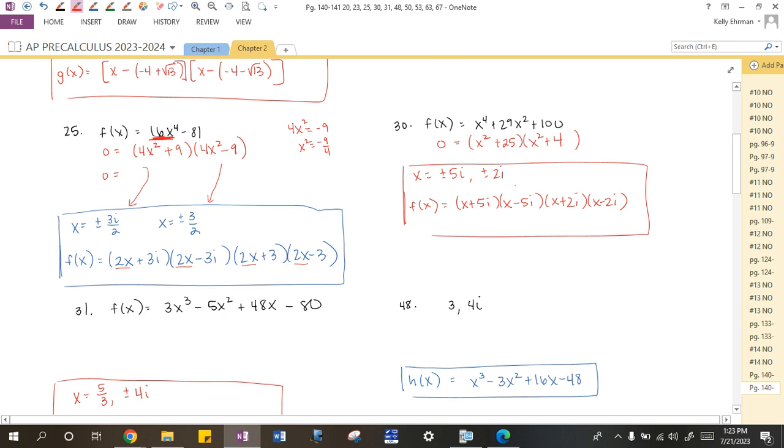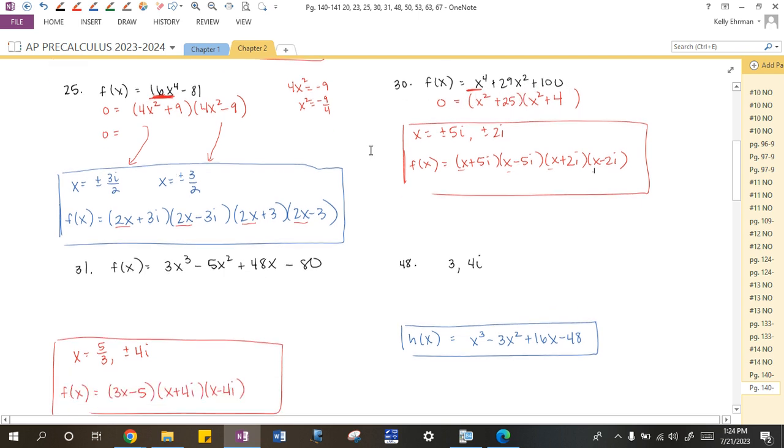And this linear factorization, I can just write out as x plus 5i, x minus 5i, x plus 2i, x minus 2i, because this is just 1x to the 4th, so all of these will multiply to 1x to the 4th. So you really only have to think about those coefficients out in front, if you have fractions or if you divided away a GCF for some reason.